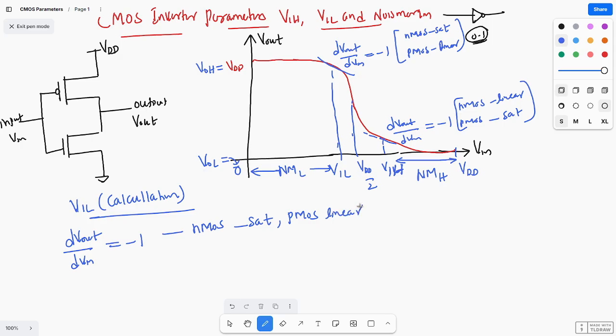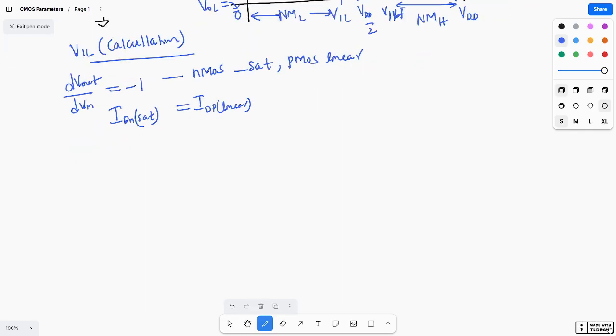From this, I can say that IDN sat equals IDP linear region.